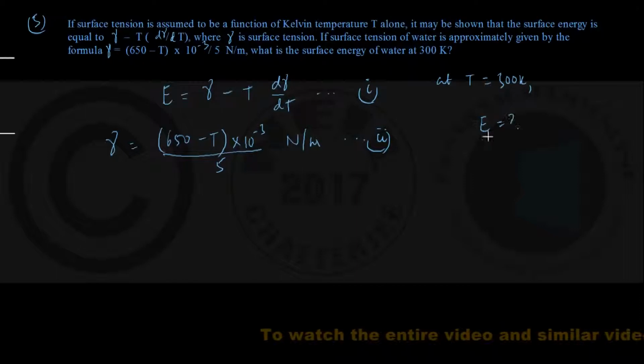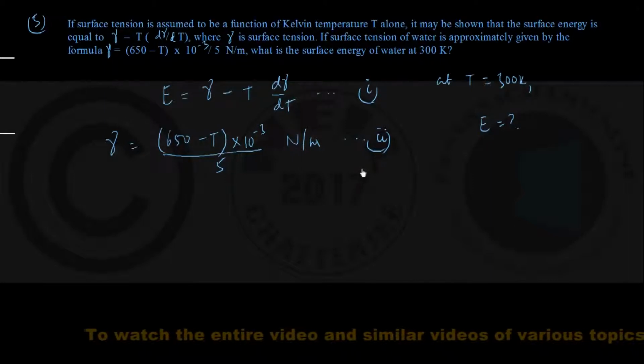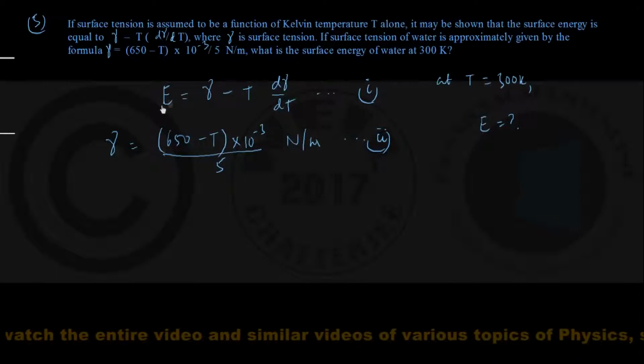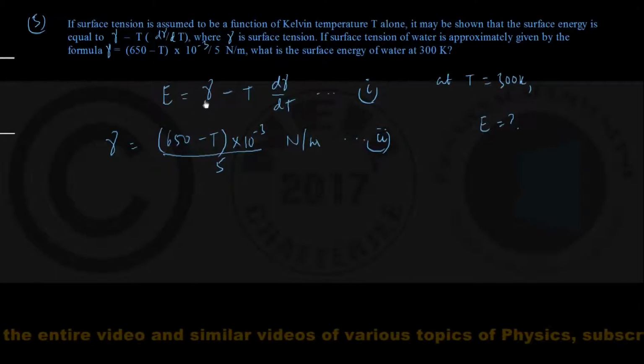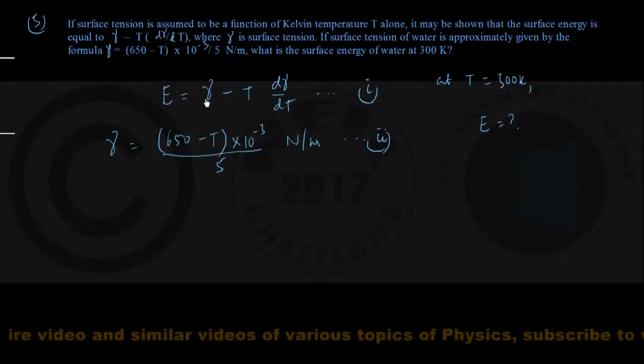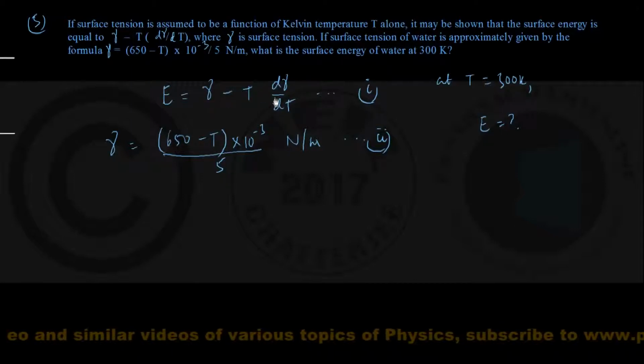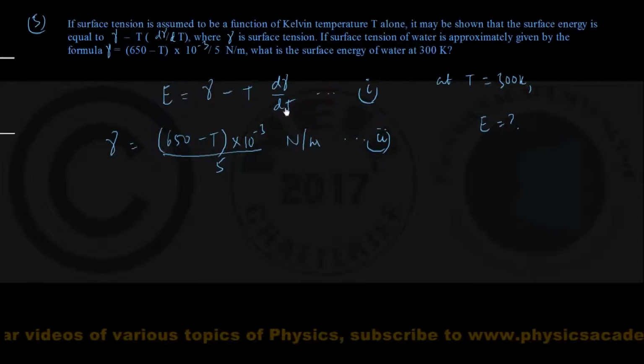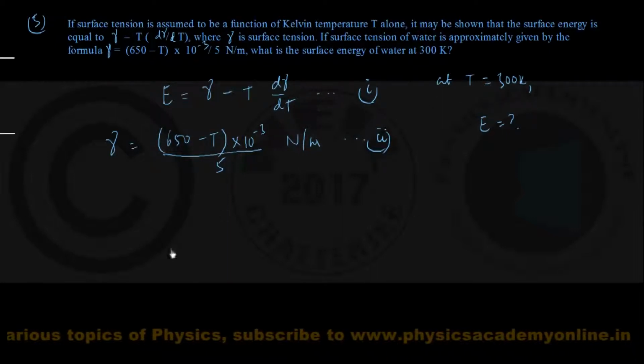Once again, I remind you, by this symbol E, meaning surface energy per unit surface area of water. So how do we proceed? Looking at equation number 1, you can see to get this value of E, we require to find out the value of surface tension gamma, as well as the second term containing derivative of gamma with respect to temperature, d gamma dt, at this temperature of 300 Kelvin.